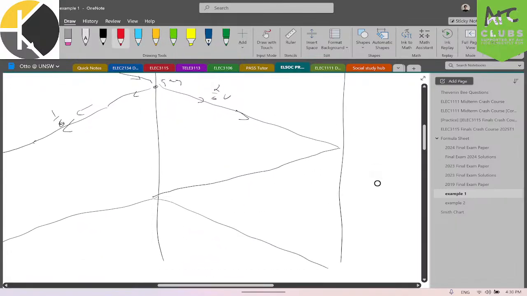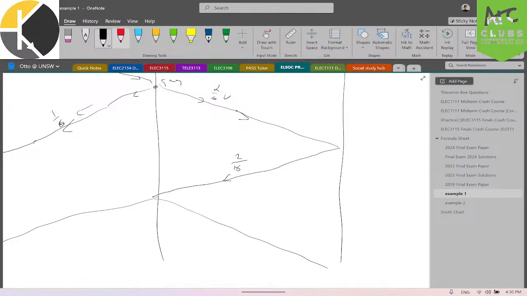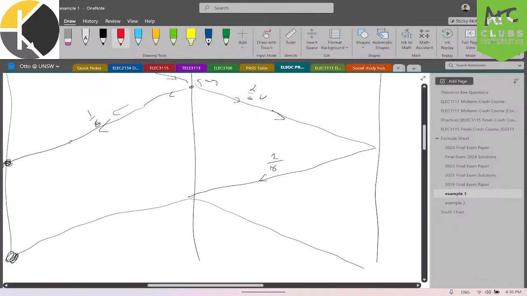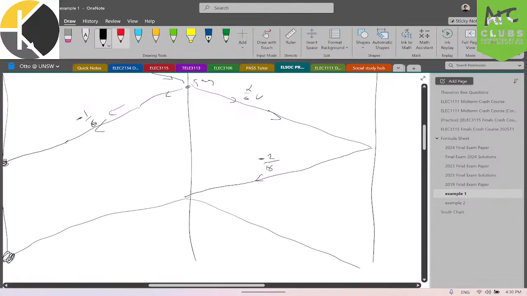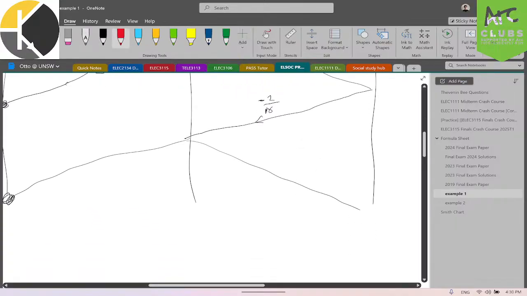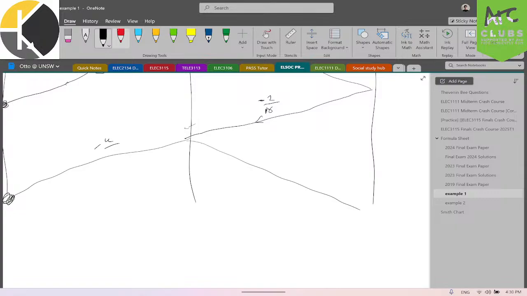Then this wave is going to be 2 over 18 because this is a minus sign. This t is 2/3, so this is going to be minus 4 over 18 times 3, and so on. And you can calculate the waves going back and forth.